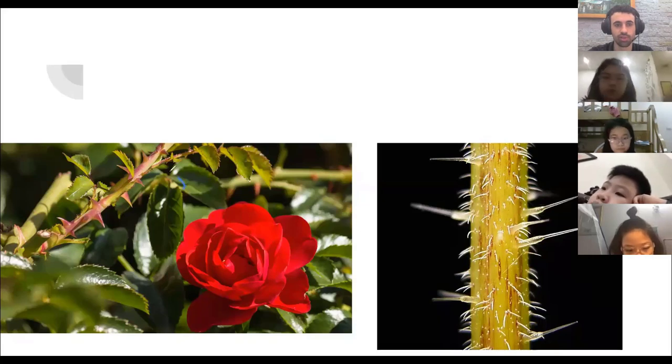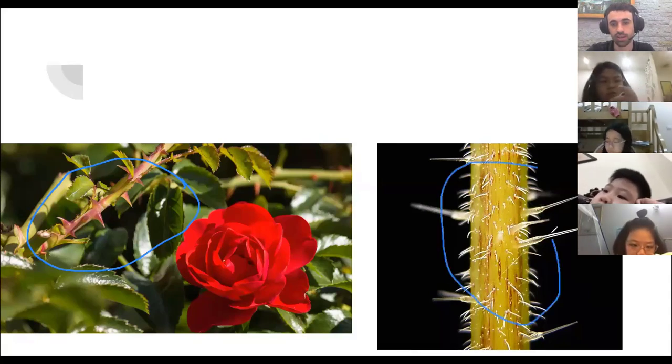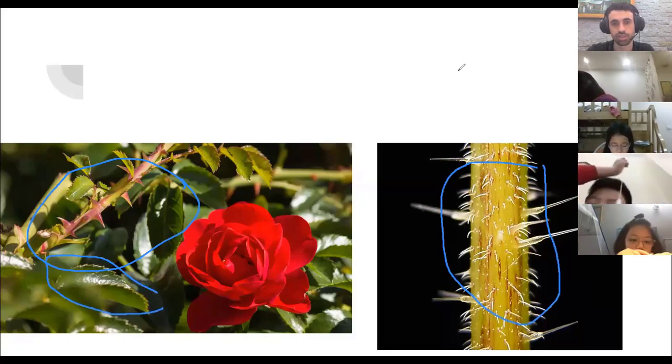Can you tell me where the thorns are located on this plant? On the stem. On the stem, yeah, the thorns are located on the stem. And so are these. These are also located on the stem. They're not on the leaves. So that's interesting. So both of these plants, even though they're different, they're coming from the stem.